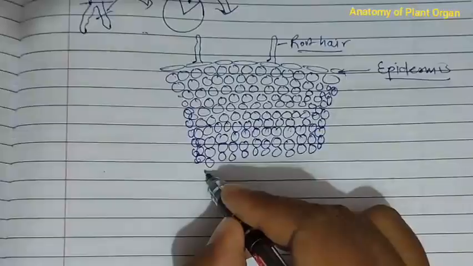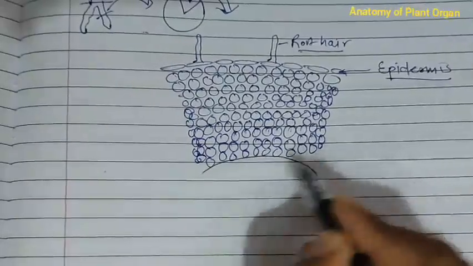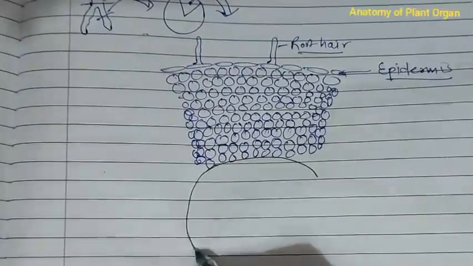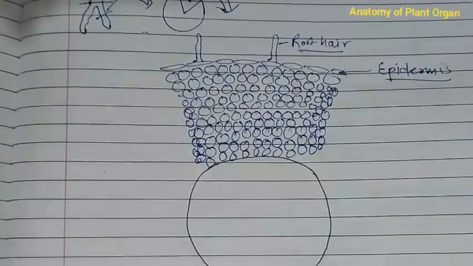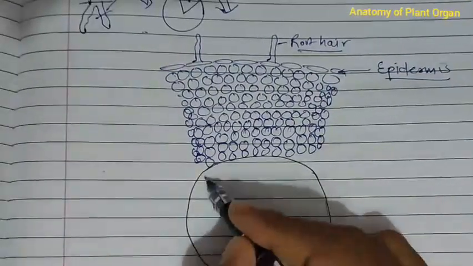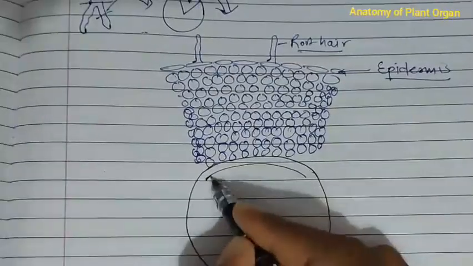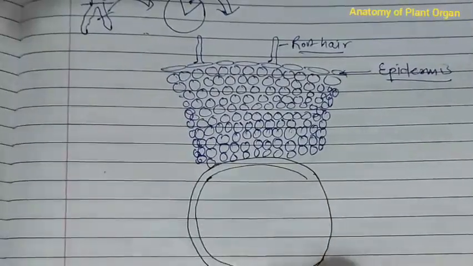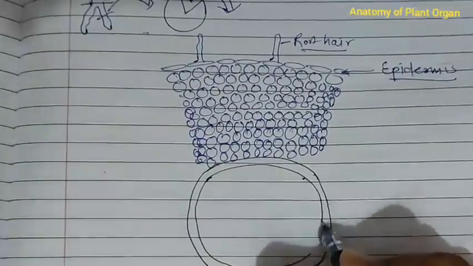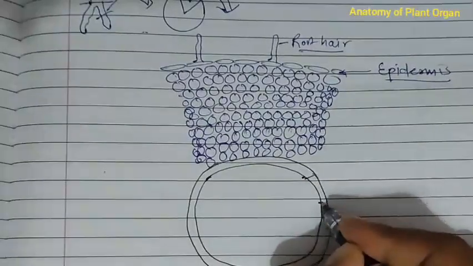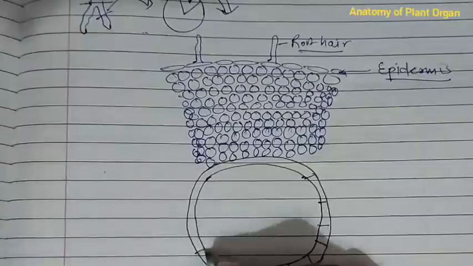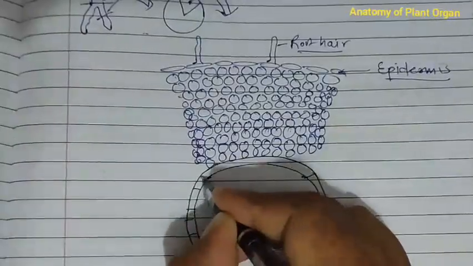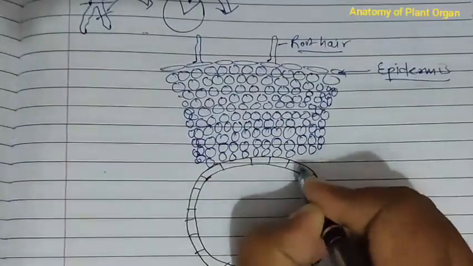Now after cortex we observe here endodermis. So these are endodermis cells.